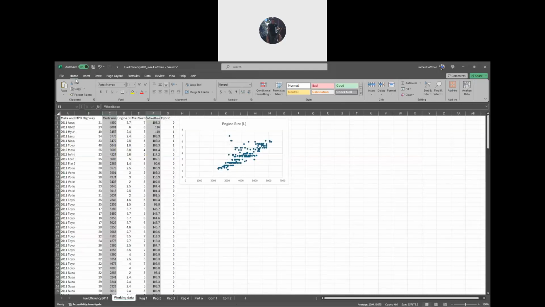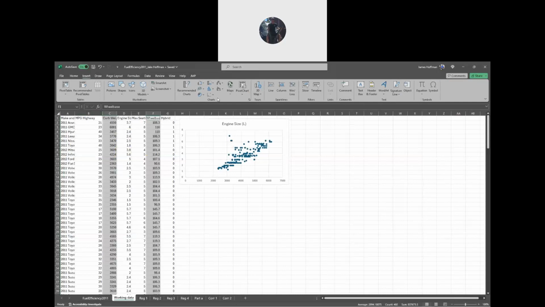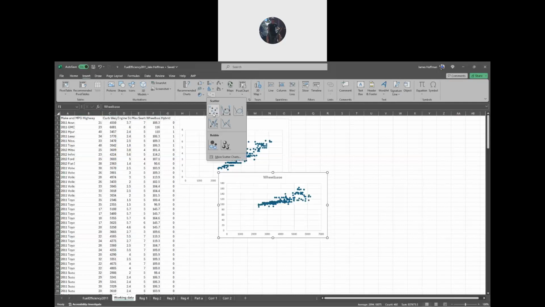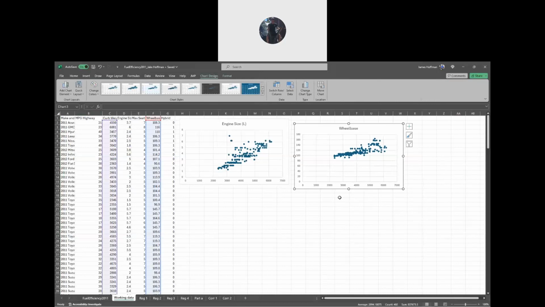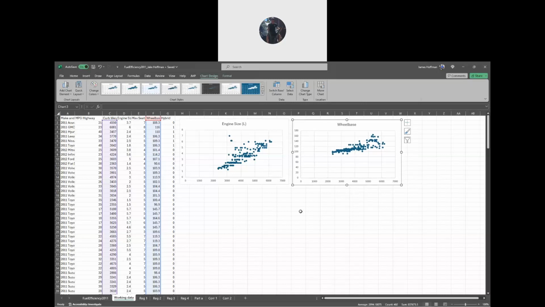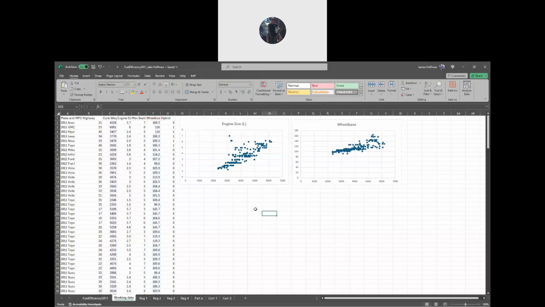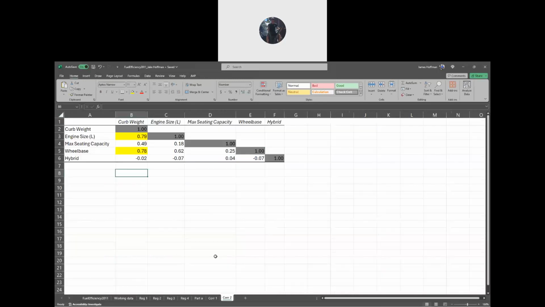That's what I wanted, right? Yes. And then insert, scatter. Not so much on that one, but this one for sure, right? Yeah. There's a bigger wheelbase. So let's look back at, so again, we're kind of making some judgment calls, but curb weight seems to be the issue.